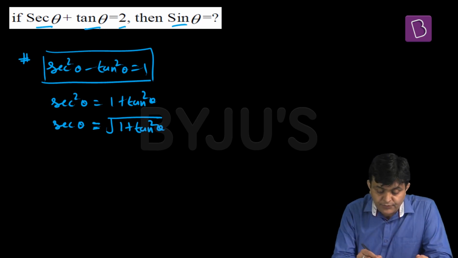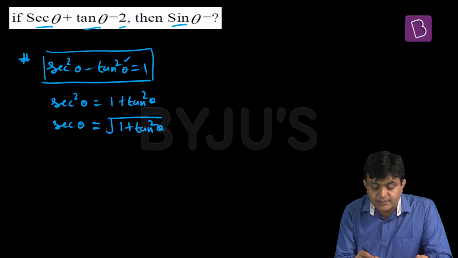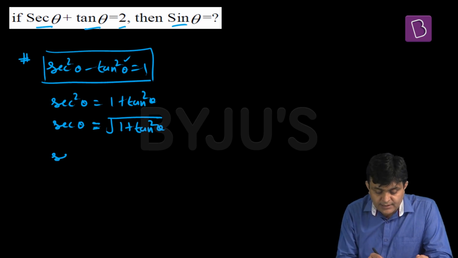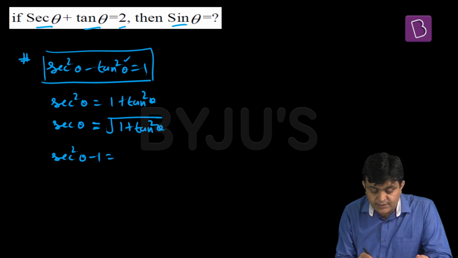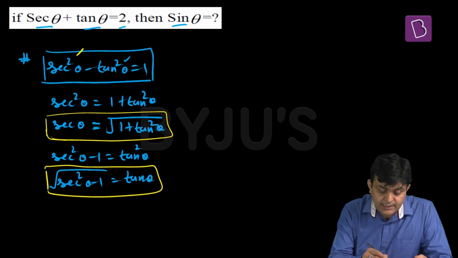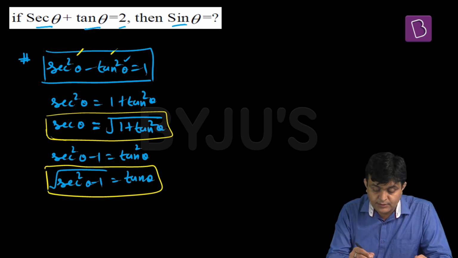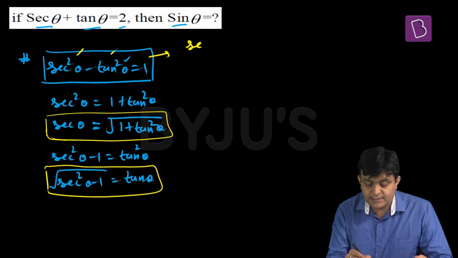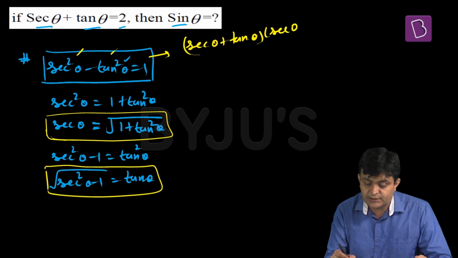Got it? If we find tan theta, send 1 to the right and 1 to the left. It is secant square theta minus 1 is tan square theta, and secant square theta minus 1 under the root is my tan theta. Another important thing is it is a square minus b square. So can I write it as secant theta plus tan theta, a plus b, and secant theta minus tan theta is equal to 1.